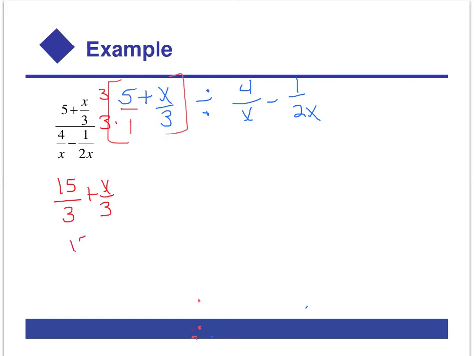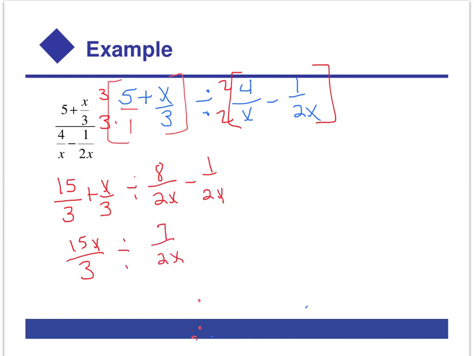So that gives me 15x over 3 being divided by, these don't have the same denominators either, do they? So if we multiply this by 2 and this by 2, we get 8 over 2x minus 1 over 2x. And that combines, 8 minus 1 is going to give me 7 over 2x.